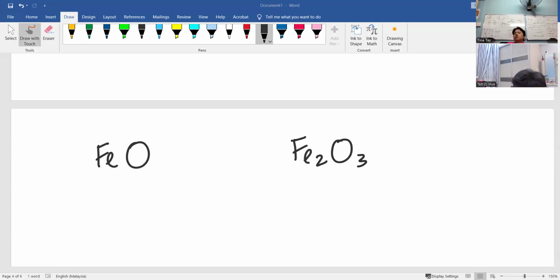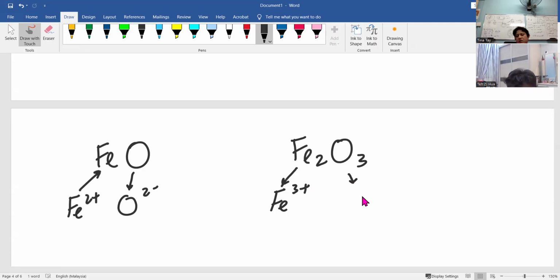One is iron oxide, another one is iron 2 oxide. This one, Fe is Fe2+ and O2-, right? This one is Fe3+ and O2-. Do you know why?